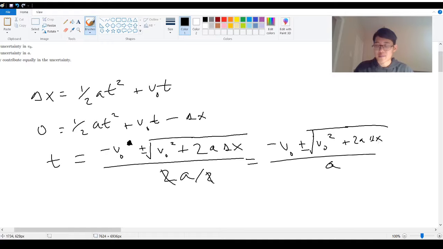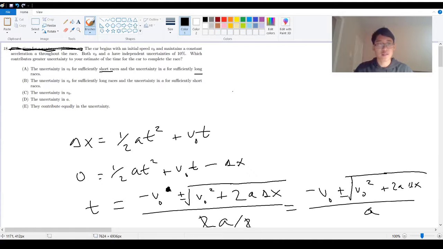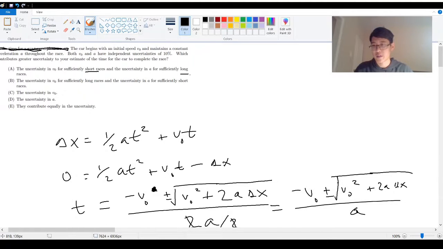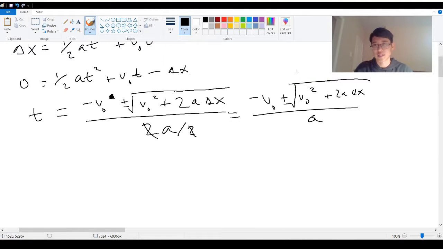Let's do a first because a is a lot easier, and let's consider very long races and very short races, the very extreme cases where delta x is very, very large or delta x is very, very small. Okay, so let's first consider the case that delta x is very, very large. Well, delta x actually only has an effect on a.